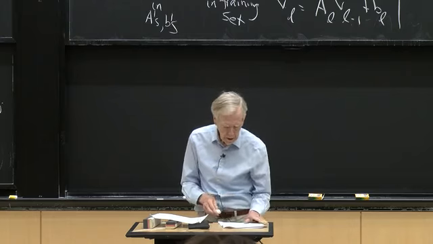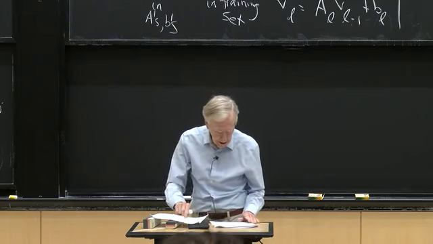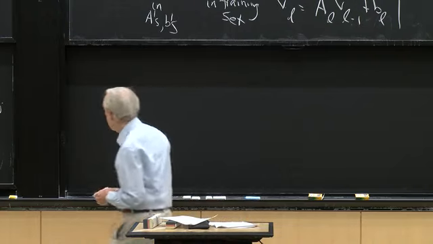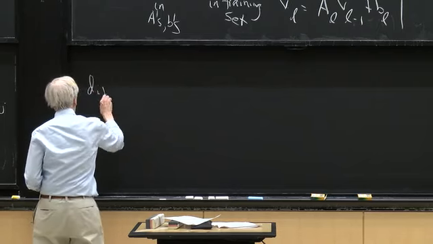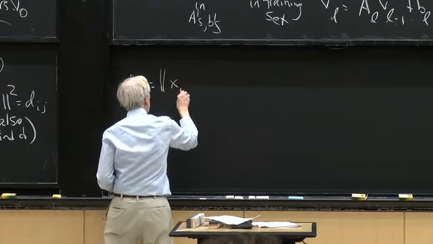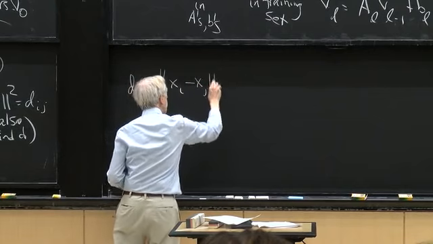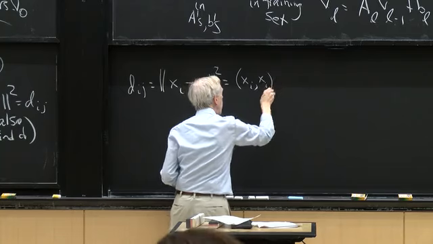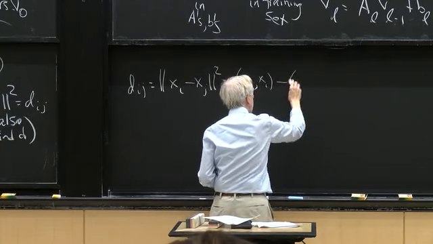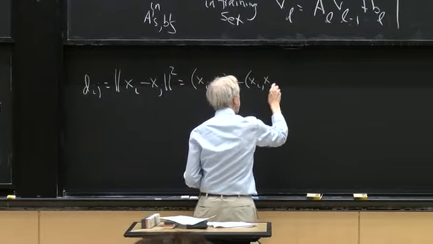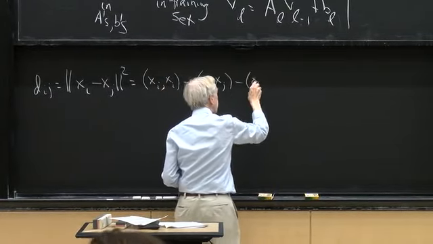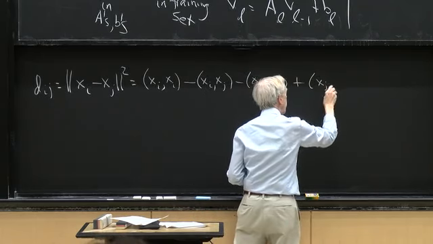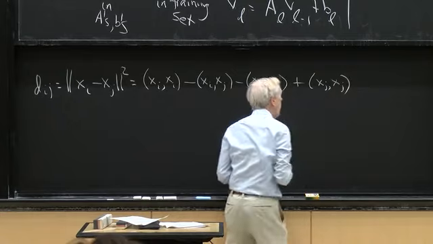All right. So let's recognize the connection between distances and positions. So Dij is the square distance between them. So that is xi dot xi minus xi dot xj minus xj dot xi plus xj dot xj.